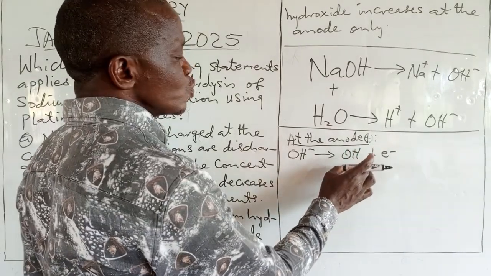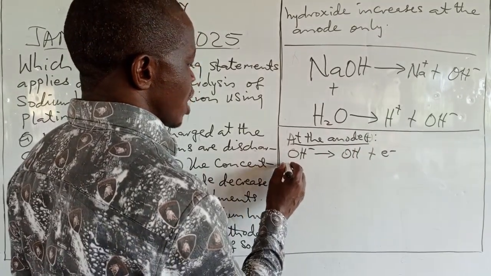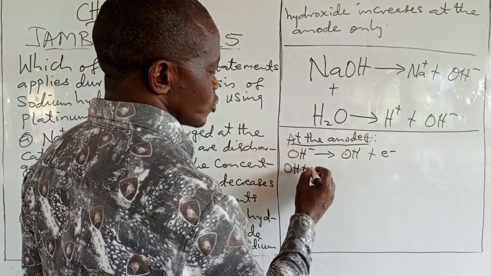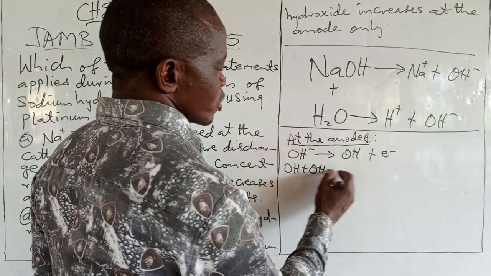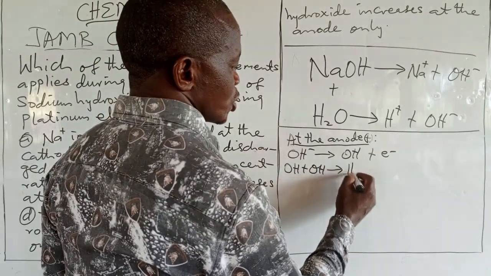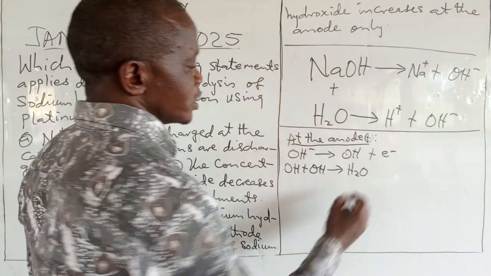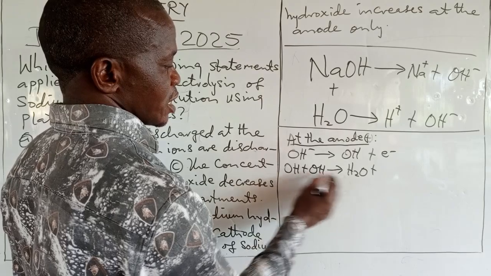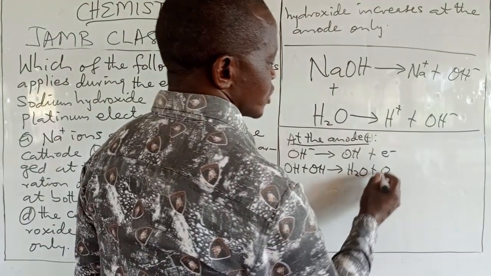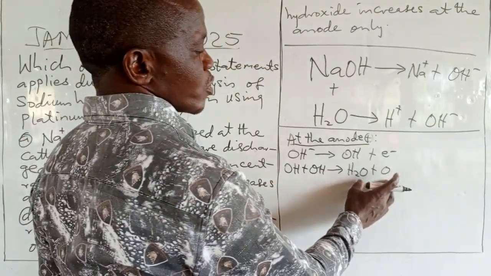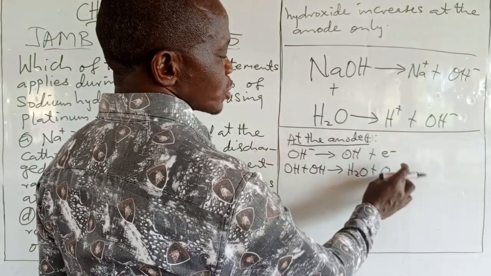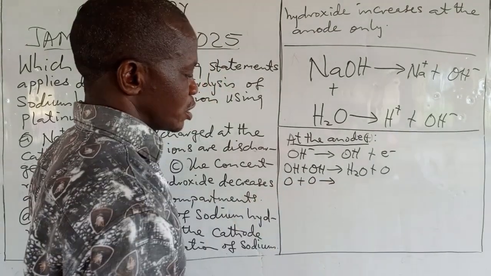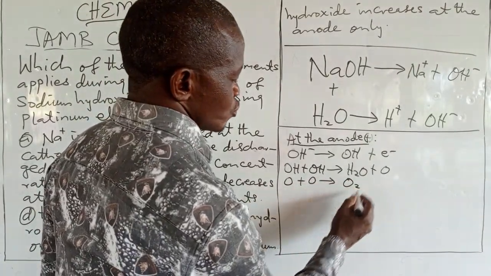Then two of them will pair up. So you now have this and another one that has also donated the electron to become OH group. Both of them will react to form H2O, and just remove one hydrogen here, add here. You have this. O is left. Another two will do the same to have this. Then the oxygen of that and this will react to form O2.